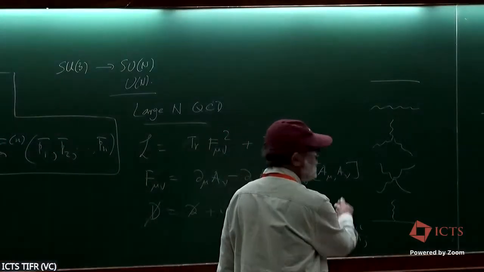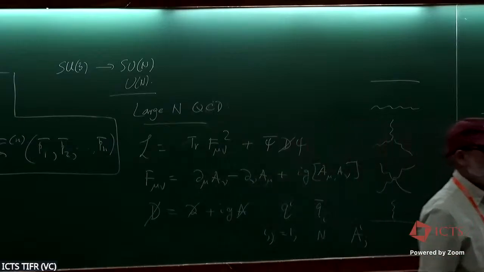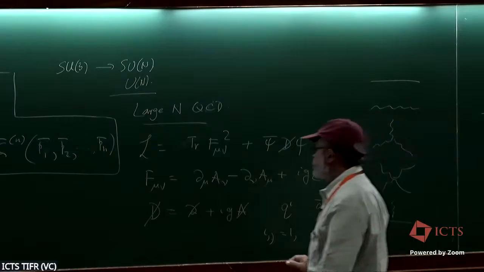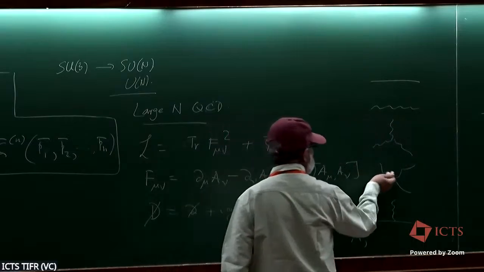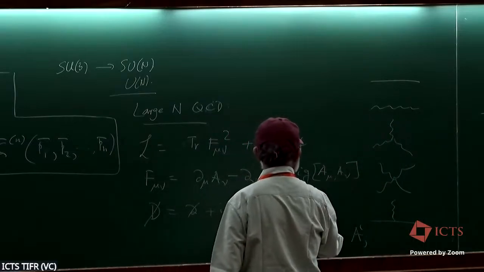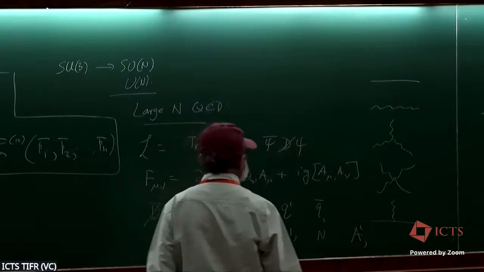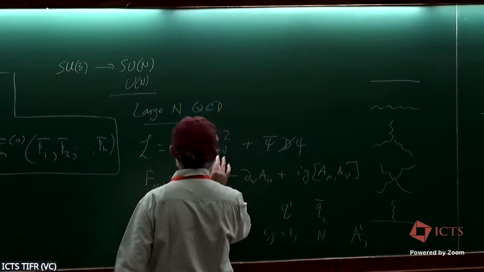Now I'm going to suppress even the mu nu indices because they are not going to play any role for me. So where does the 4 gluon vertex come from? There's a g times A squared here, and so the square of this comes here.